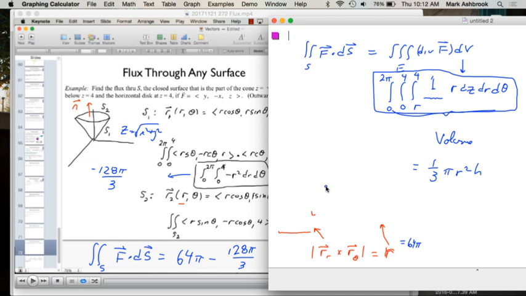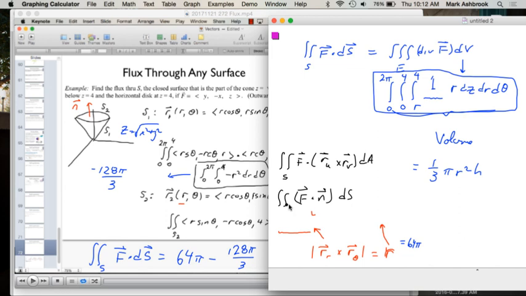There were two ways that we talked about doing the surface integral. F dot r_u cross r_v dA, and where that came from was F dot n dS.